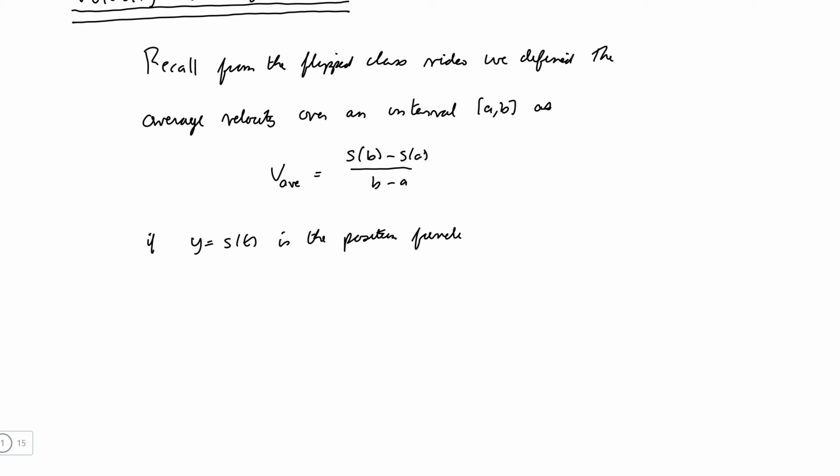So our average velocity is going to have units of s divided by the units of t. So this will be something like meters per second, feet per second, meters per hour, a distance divided by a time unit.